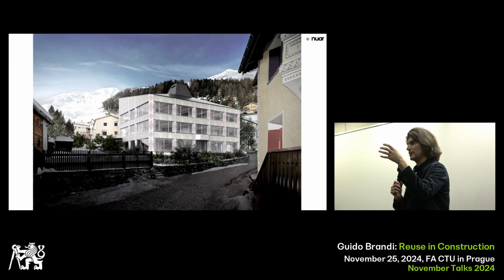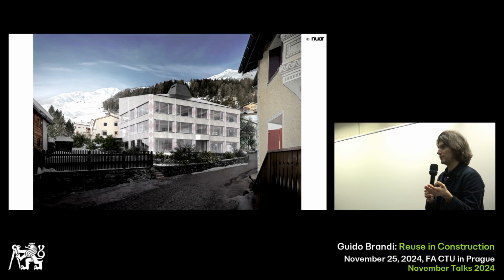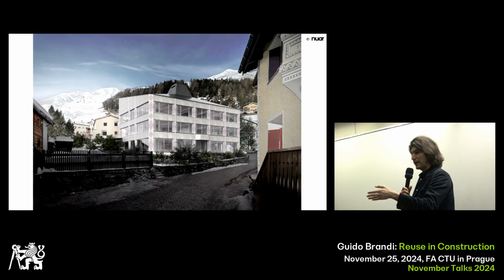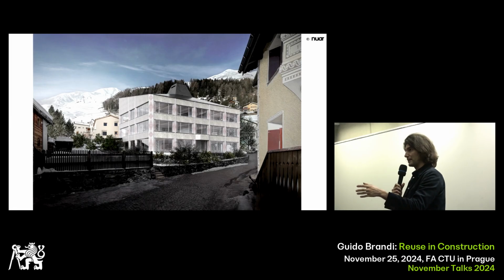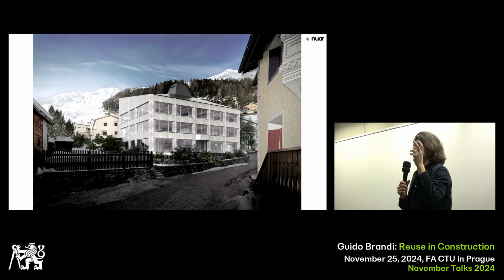For many materials: wood, concrete, steel, windows in different shapes. So to calculate the emissions of this building, we calculate the exact same building with all new materials, and you can get how much it will be.